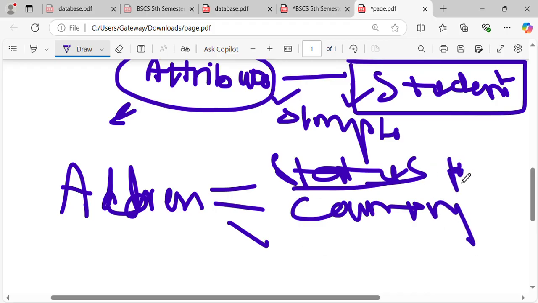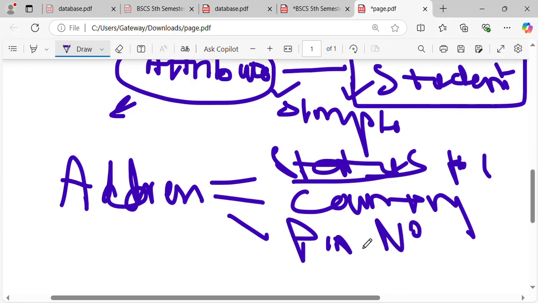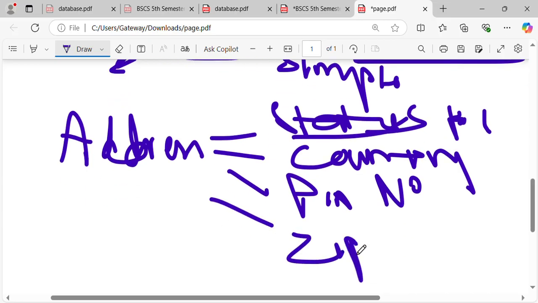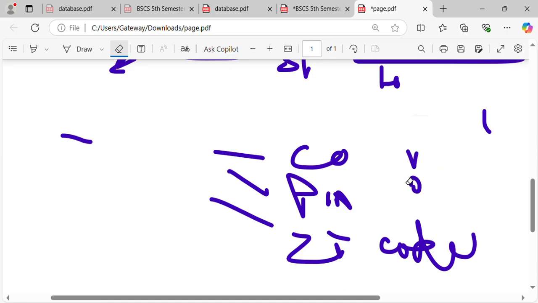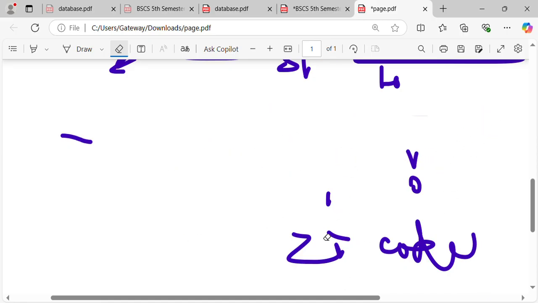The PIN number or the zip code of the country or the city. So in this case, these are composite attributes because they are deriving from a single attribute, right? So this was the composite attribute.